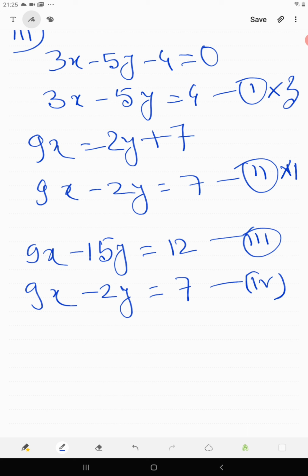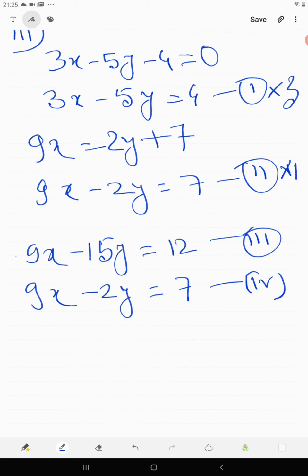Okay, then see here, both are of the same sign. If you see 9 and 9, both are of the same sign. So we will do subtraction over here. If it is of the same sign, always remember we will do subtraction. If it is of opposite sign, then we will do addition. So of course the sign for the fourth equation will change. All x, y and constant, the sign will change if we are doing subtraction.